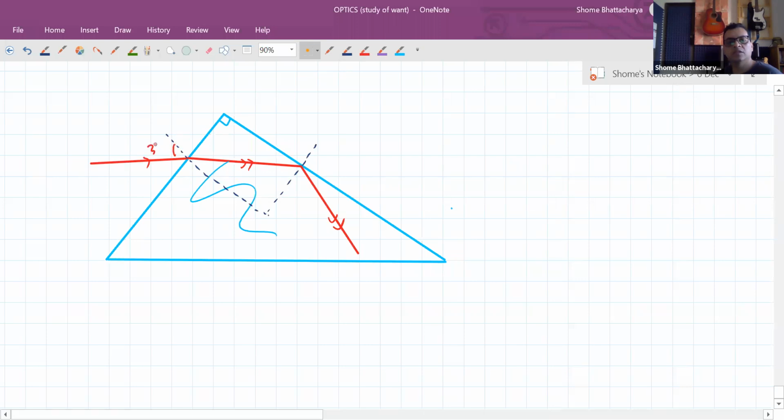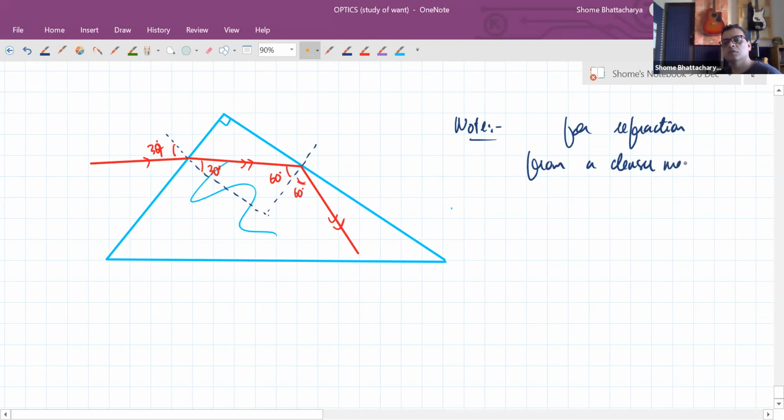So this was 30 degrees. Oh, sorry, this was 37 degrees. This was 30 degrees. So this was 60 degrees. So this will also be 60 degrees. Okay. Because for refraction from a denser medium, let's say mu2, to a rarer medium, let's say mu1.